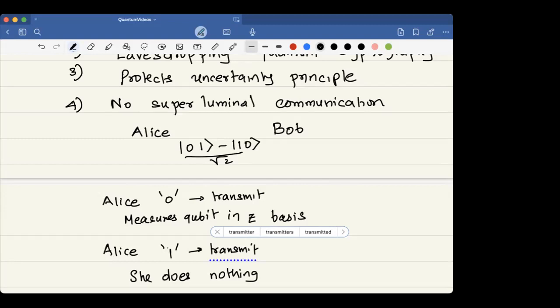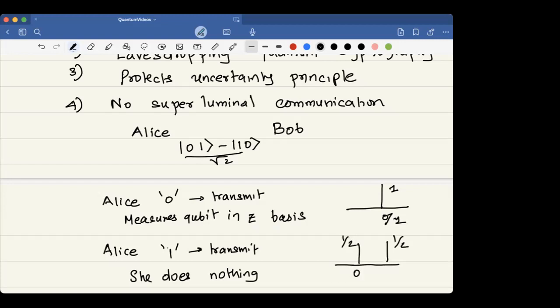Whereas if Alice does not do anything, then it will be probability half of having a 0 or a 1. So if Bob is able to make several copies of this state that he has, then he'll be able to distinguish between the two cases, and this would lead to superluminal communication. So the no cloning theorem protects this from happening.